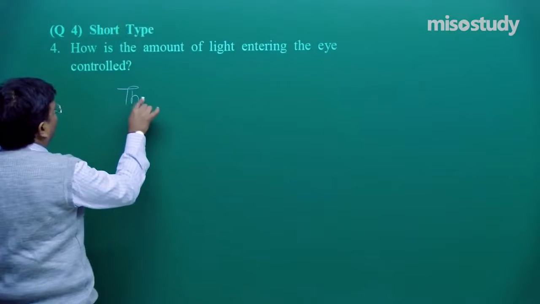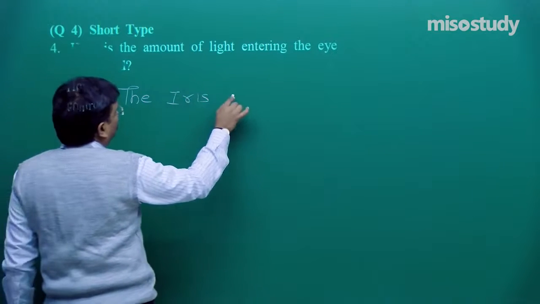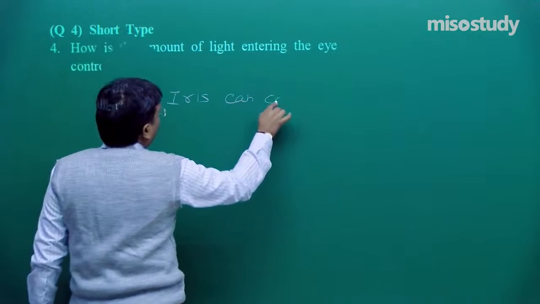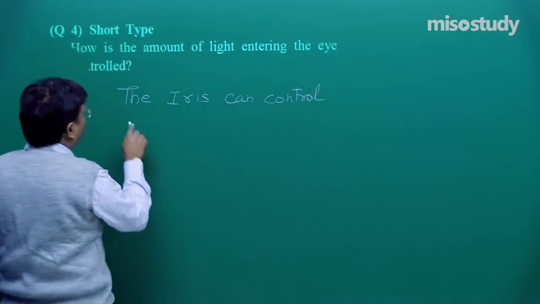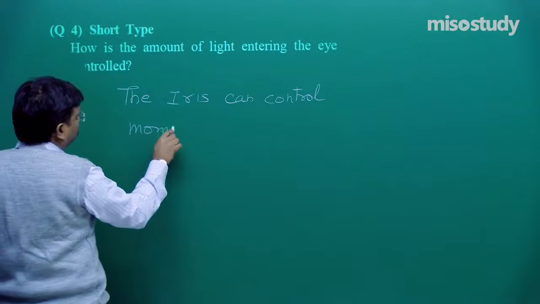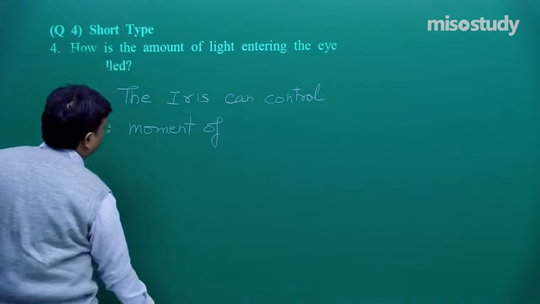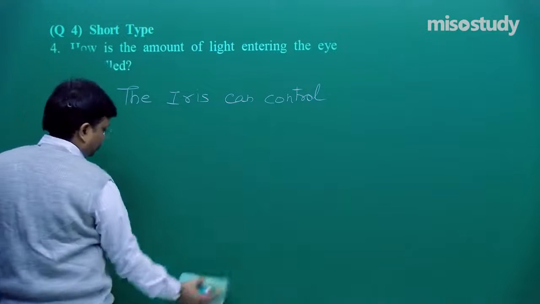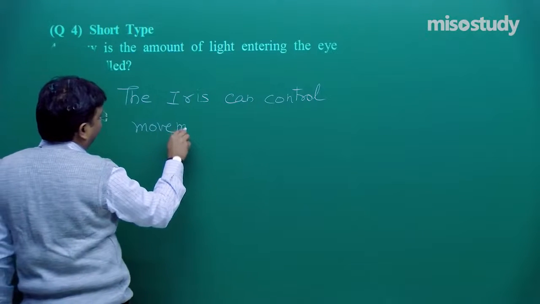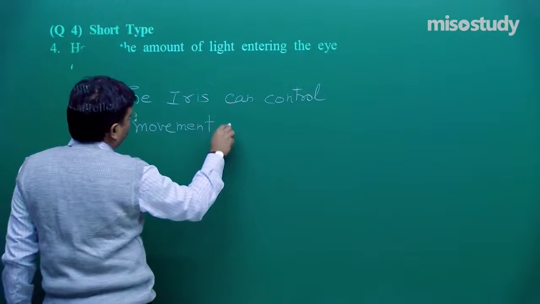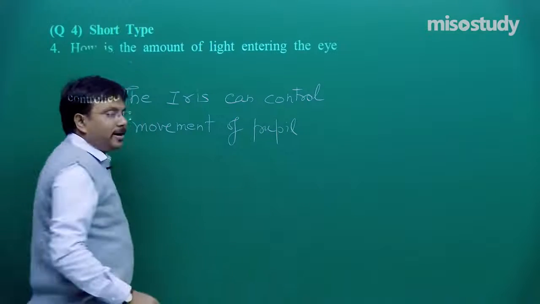The iris can control the movement of the pupil.